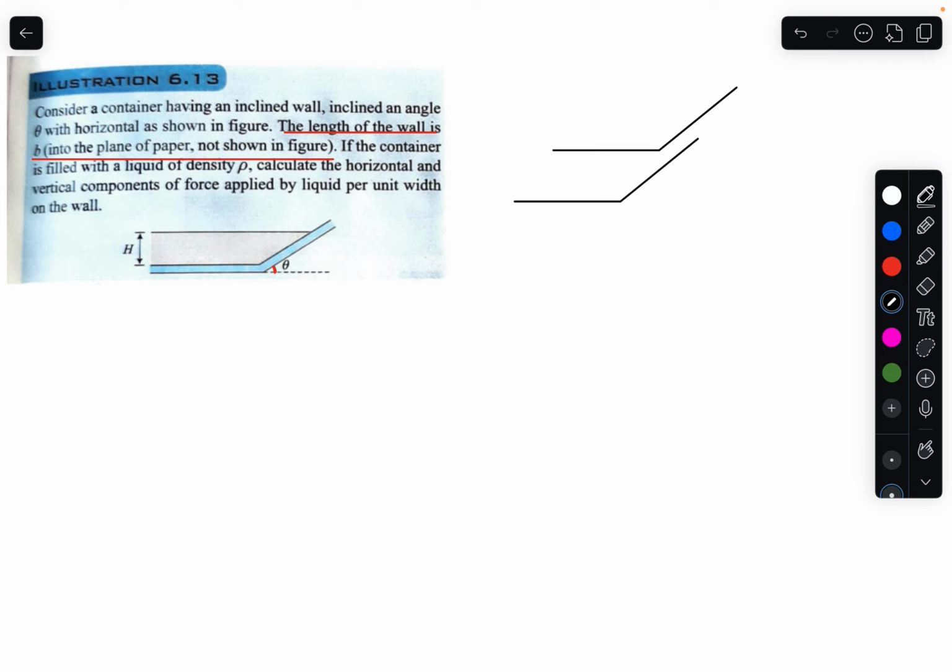Of course this dimension is also there, and in this container some fluid is filled like this. Okay, so hope you are able to visualize this.